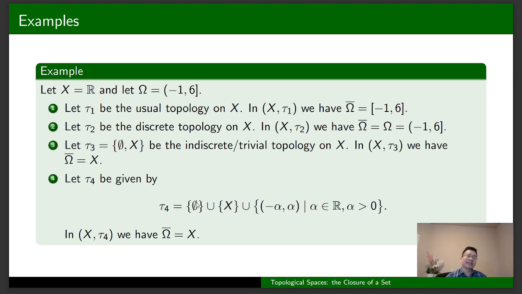So the complement of the empty set is X, the complement of X is the empty set, and the complement of each open interval like this is the union of two intervals: the union of minus infinity to minus alpha, union alpha to infinity, where both minus alpha and alpha are included. We can easily see that the closure of omega is the entire space X. Okay, please work on it at home to verify that we have this property.